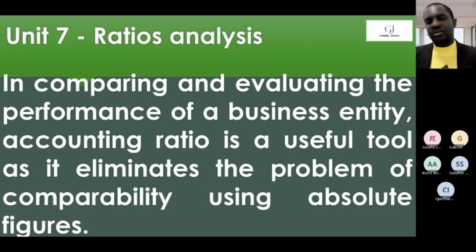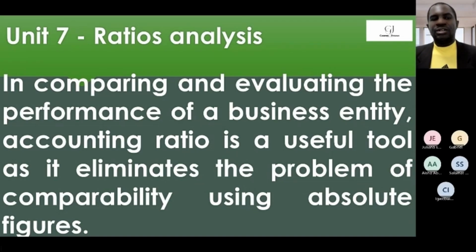So in comparison and evaluating the performance of the business entity, accounting ratio is a useful tool as it eliminates the problem of comparability using absolute figures. Exactly. So it's a tool you use to eliminate the problem of comparability, and also that same comparability will help you write a report or make decisions or profile solutions for decision making.